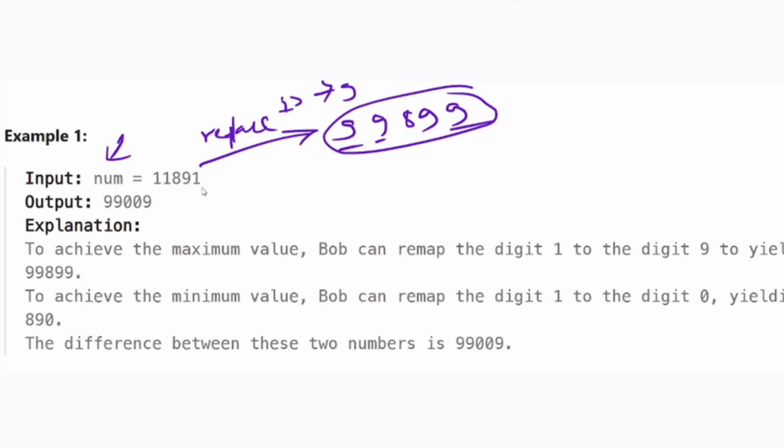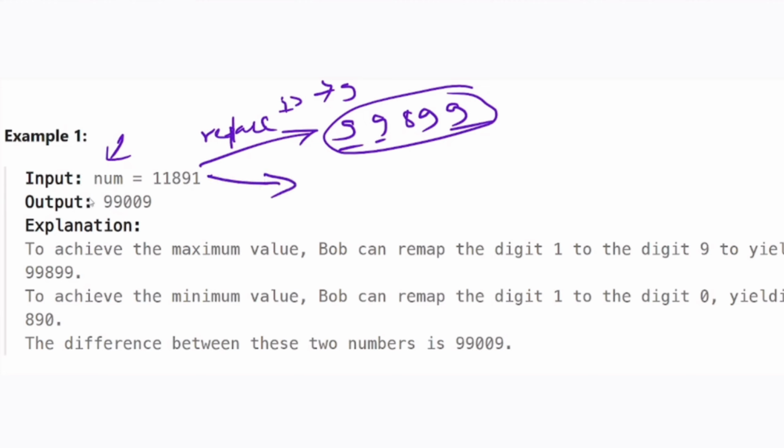So this was the smallest, now it becomes the biggest, right? So 99899 will become the maximum value that we can achieve. Understood, right?